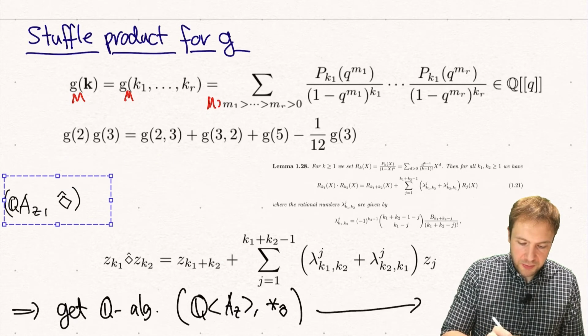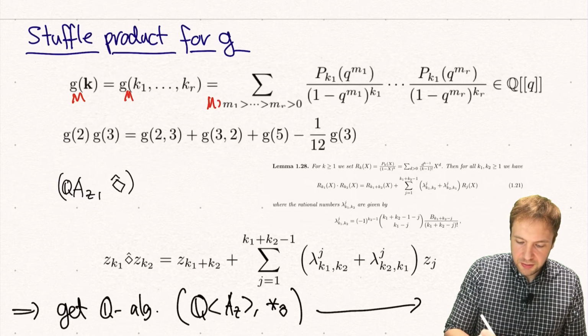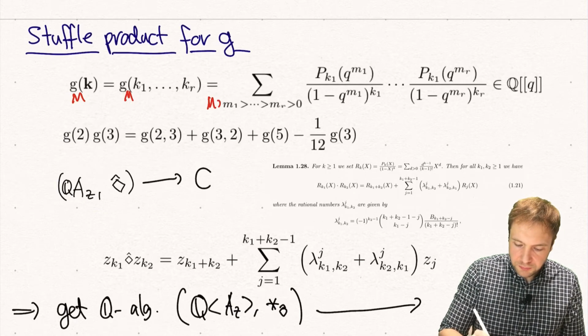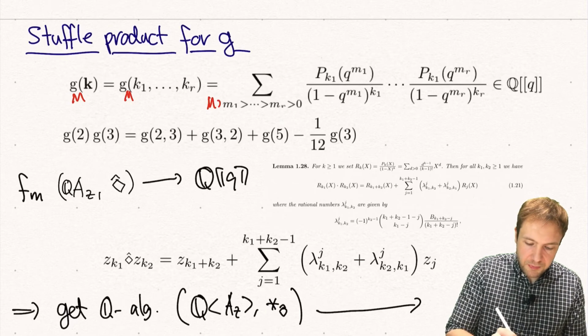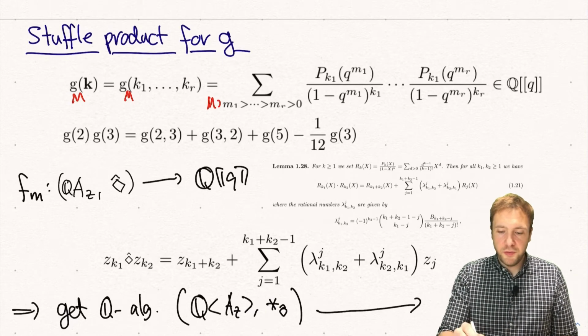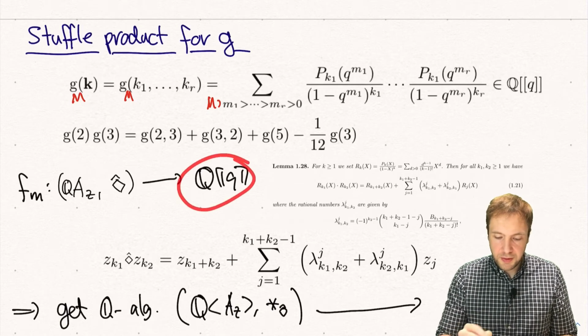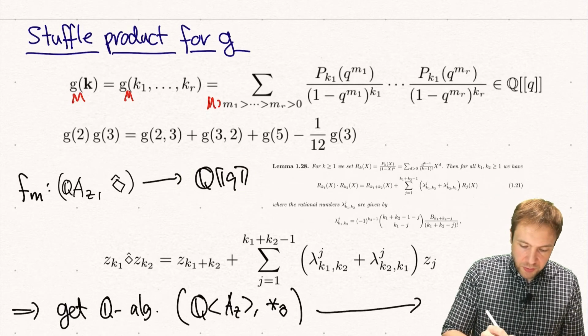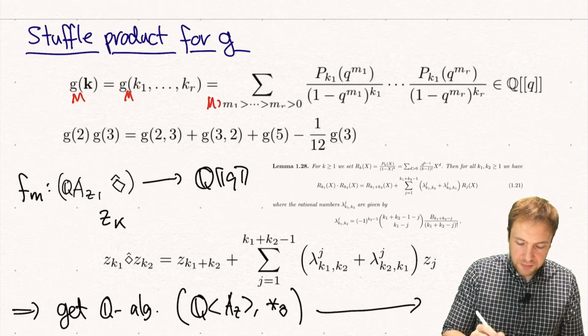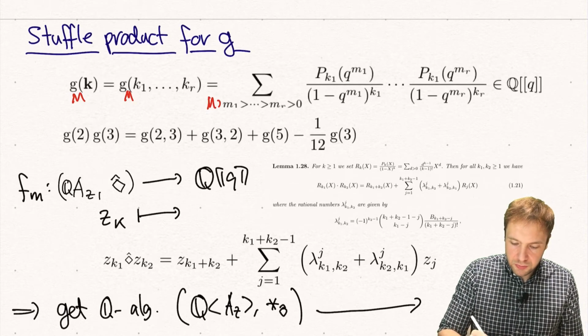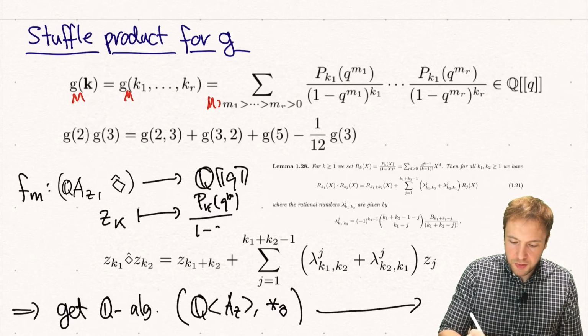So here we have our algebra of letters, and now we want to define, for each m, an algebra homomorphism to the space of Q series. What we can do is send the letter zk to pk(qm) over (1 minus qm) to the k.